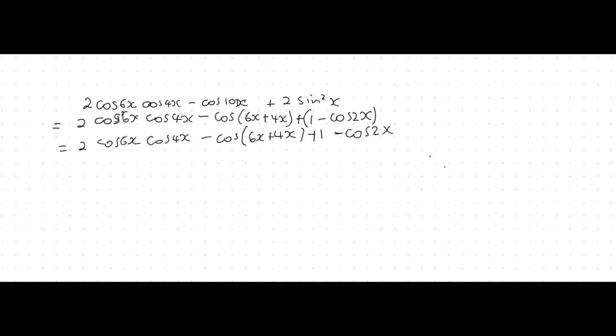So I can also change the last term to be in terms of 6x and 4x. Minus cos 6x plus 4x plus 1. Then I can change this angle to cos 6x minus 4x. Do you see everything now has angles 6x, 4x?